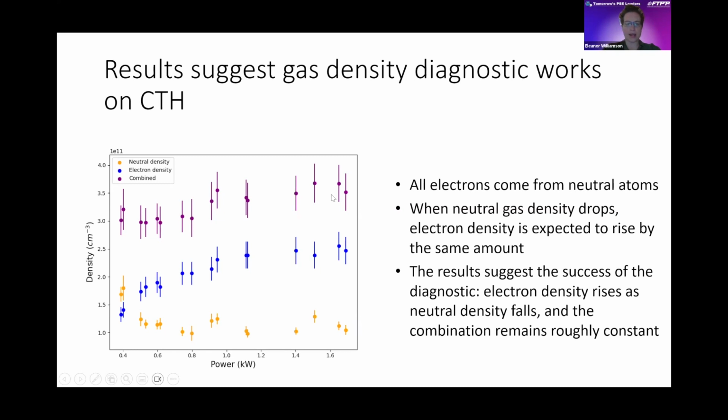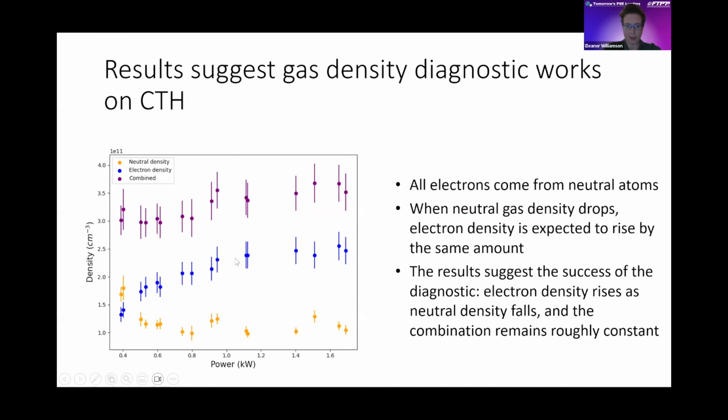Every electron in that chamber comes from a neutral atom, and so in orange, you see the neutral density. In blue, you see the electron density. What you would expect to see is that as the power increases, the neutral density drops, which is exactly what you see, and the electron density rises by about the same amount, which is exactly what you see.